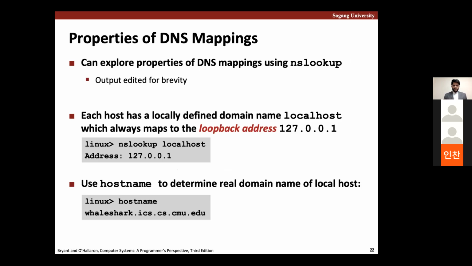If you write nslookup localhost in your terminal, it will always return the local address 127.0.0.1, which some people call the loopback address. So these are multiple different names for the same IP. And if you type hostname, it will give you the real domain name of the localhost, basically the domain name registered against this IP.